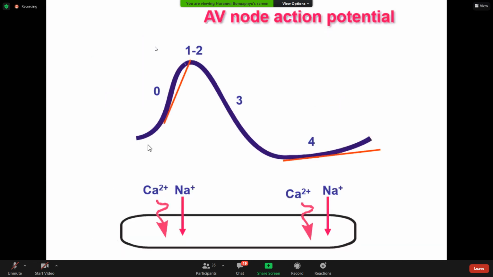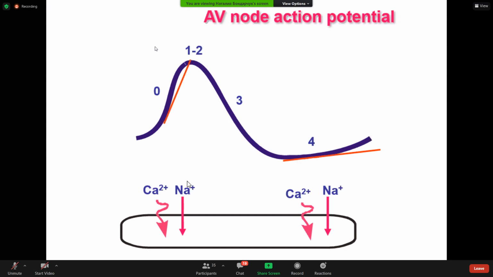So, the AV node action potential is characterized by the zero phase, rapid depolarization, and during this phase there is the opening of calcium channels plus sodium channels. So both ion currents play the major role in the origin of the zero phase.